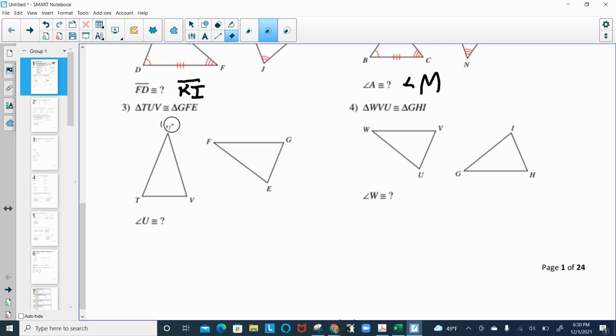So I'm going to come over to the other triangle and find the letter of the angle that is in the same spot, angle F. You do not need those markings if you have the congruent statement. Go ahead and pause the video for a moment and try number 4.